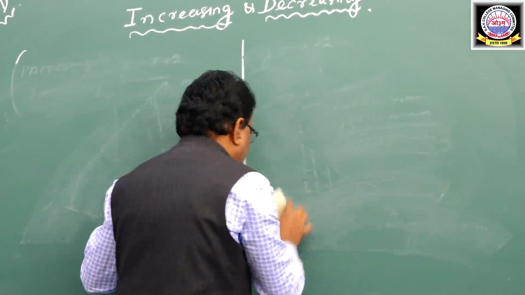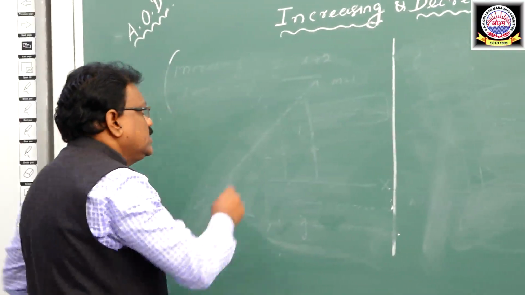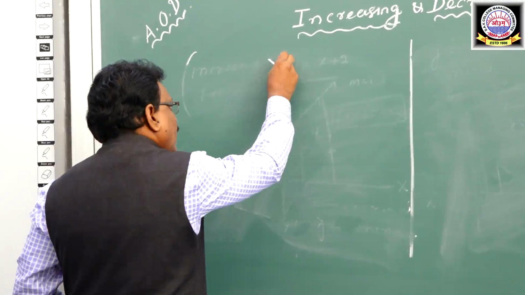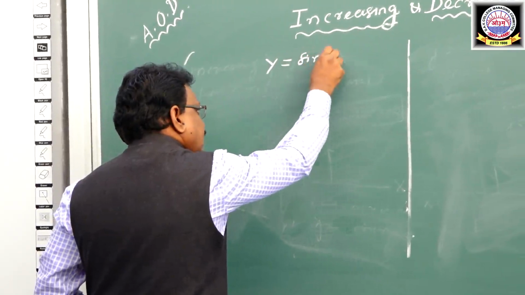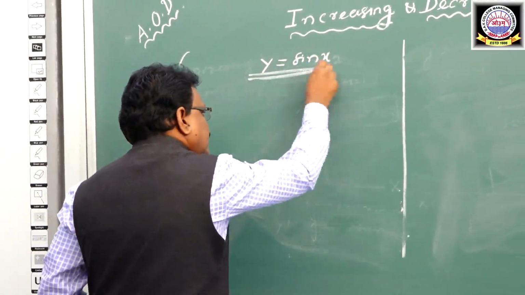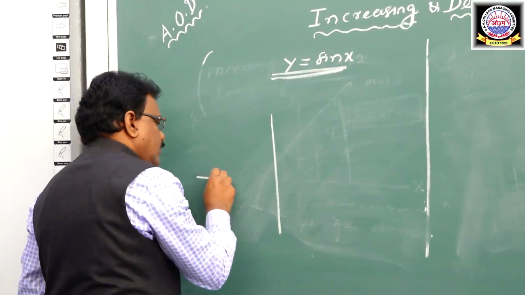I am taking a very familiar function that you know from standard 11, y is equal to sin x, because it is the first graph of your trigonometry functions. I am drawing the graph of y is equal to sin x. You draw with me.